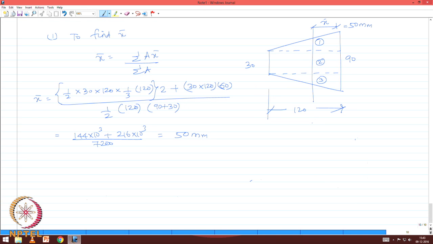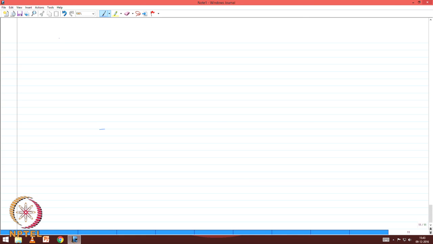Now, the second step is going to be to compute M and E for this cross section.